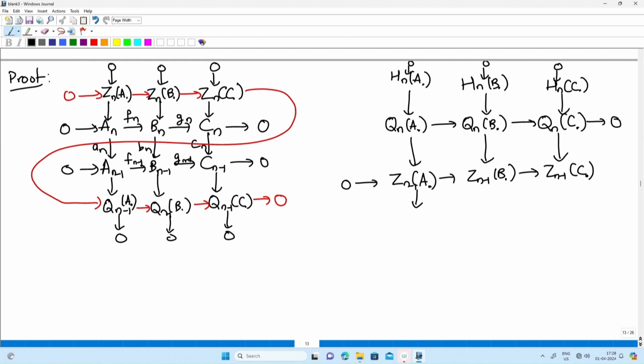One is symmetric, so you can see that this exactly gives us what we need. So this will be Hn A dot, Hn minus 1 A dot, Hn minus 1 B dot, and Hn minus 1 C dot. And these maps will be surjective, all of these are surjective. I shouldn't be drawing this middle one. And then again apply the snake lemma to this particular diagram to obtain this.